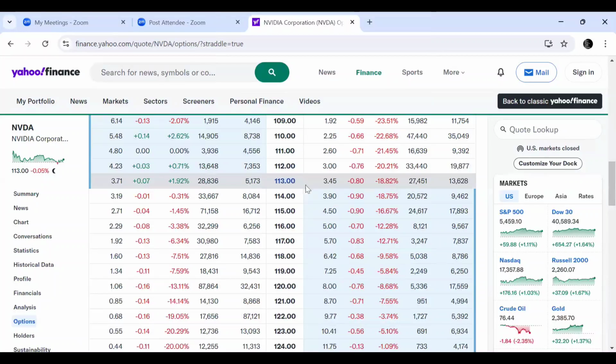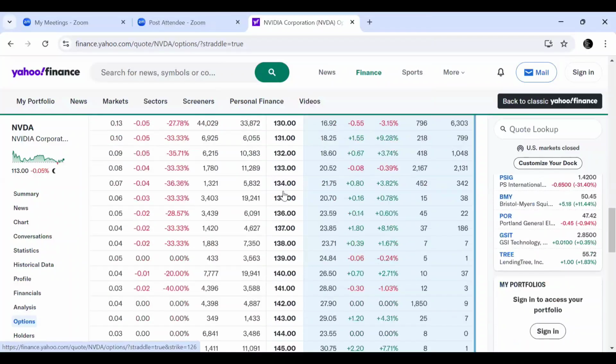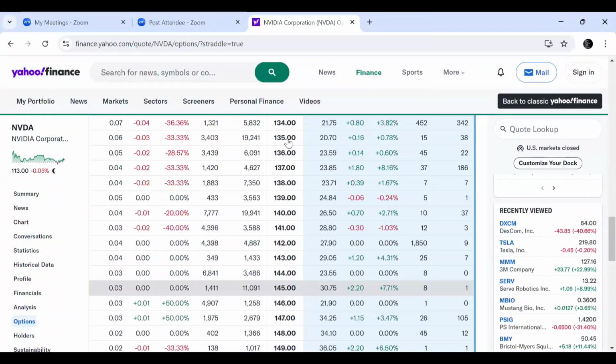This $113 line, only this one, is called at the money. And from $114 to $220, these are called out of the money.